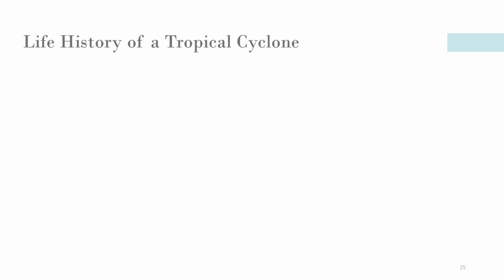However, some can be detected only a few hours or perhaps a day or two, while others are observed for a fortnight. The four stages of the life history of a cyclone are: first, the formative stage, the immature stage, the mature stage, and the decaying stage.